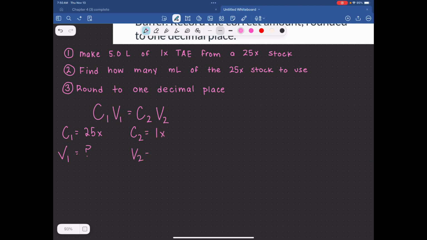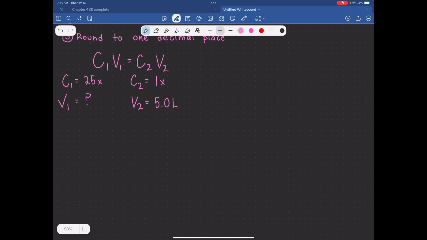And V2 is 5 liters. So we simply plug in, and then we just solve for V1.